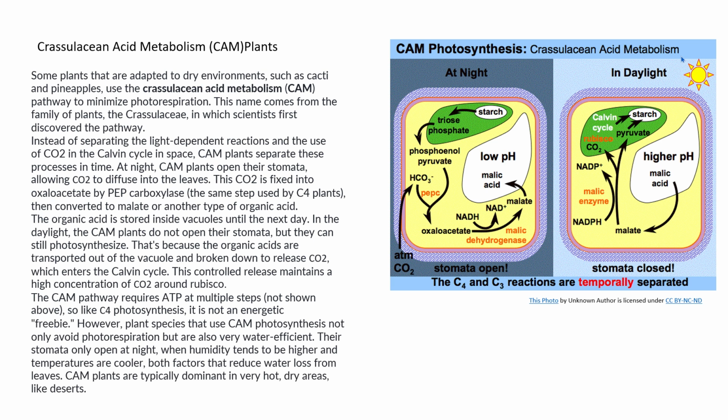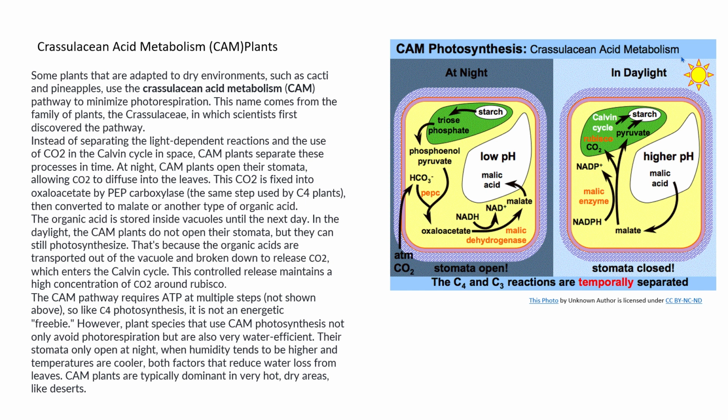Now the third one is the crassulacean acid metabolism, the CAM plants. The general thing about the CAM plants is that they grow in very hot and dry areas like the deserts. For example, we'll see the cactus.